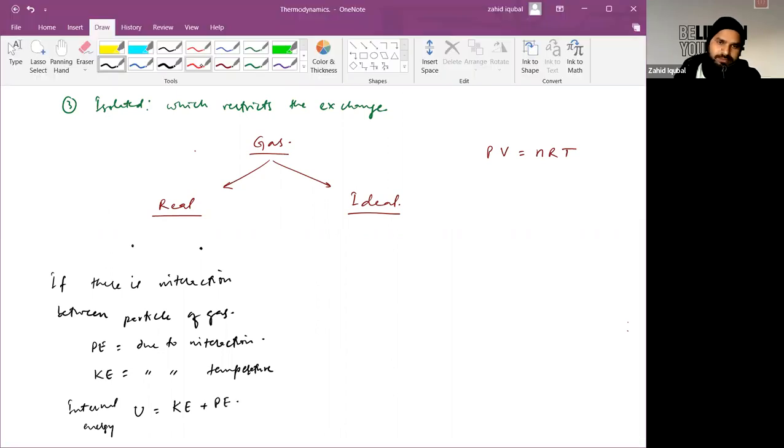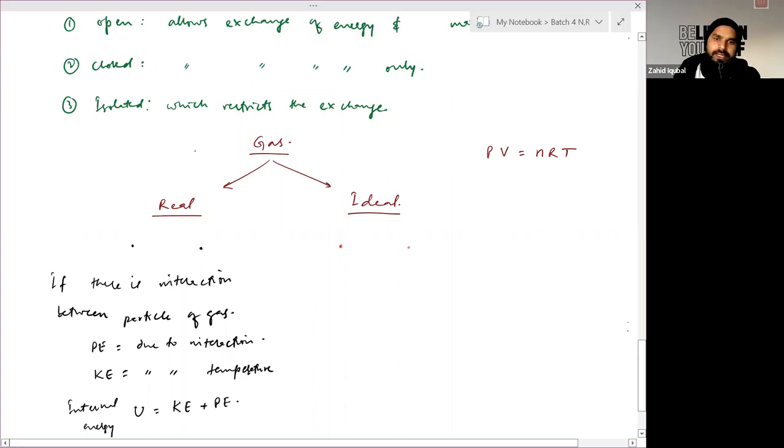Now suppose for a gas there is no interaction between particles of the gas. Then in this case, potential energy will be zero since there is no interaction between them, and kinetic energy will be due to temperature.